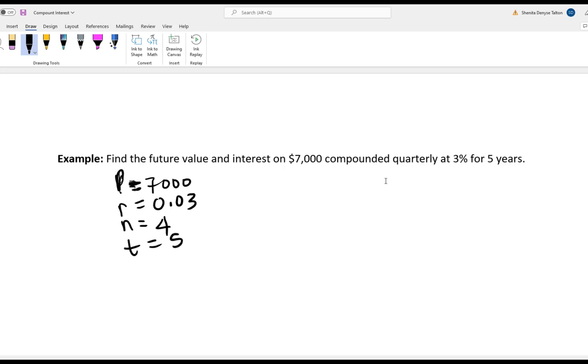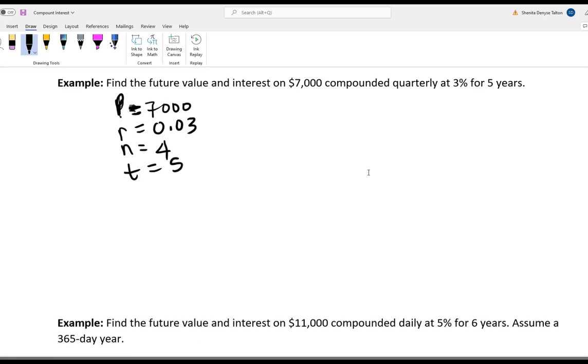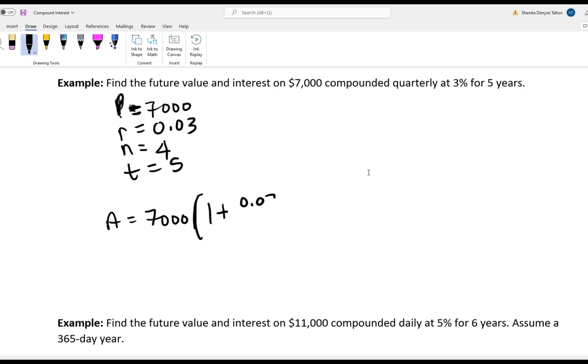We're going to plug everything back into the formula, and we're going to calculate the future value. All right, so this will be A is equal to 7,000 times parentheses 1 plus the rate, 0.03, all over N, which is 4, raised to the 4 times T, 5.